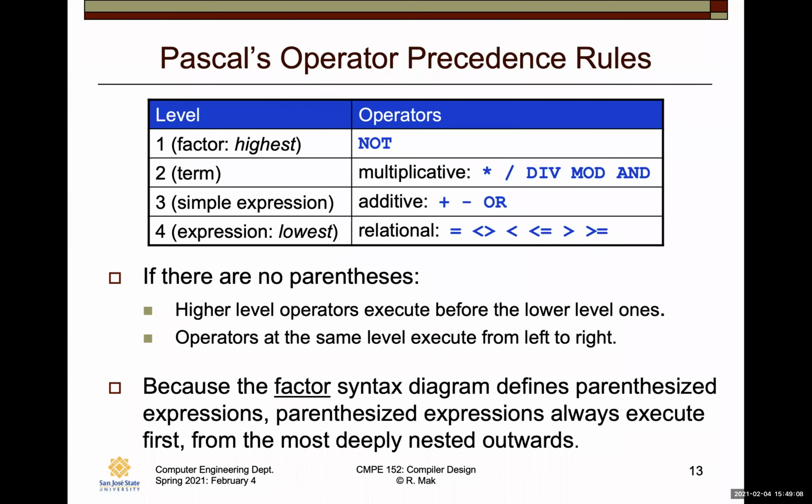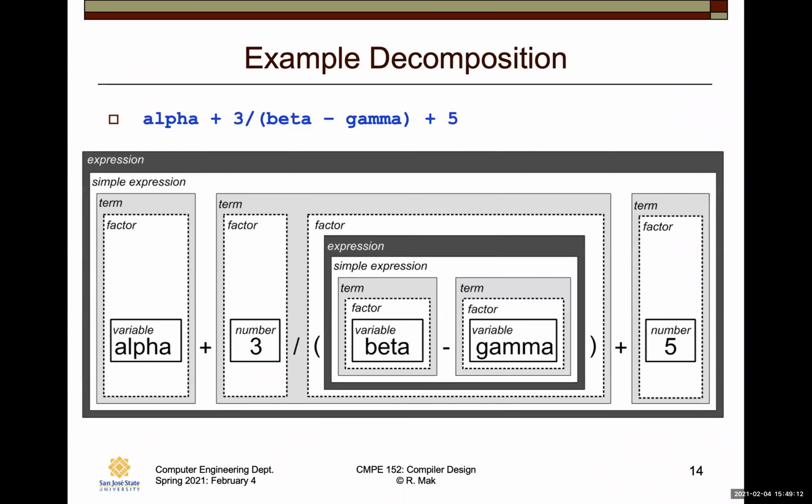So we do have operator precedence rules, and just as an illustration, here is an expression. It's got multiplicative and additive operators, and some parentheses. Based on the syntax diagrams that I showed you for expression, simple expression, term, and factor, here's how you would decompose this thing.